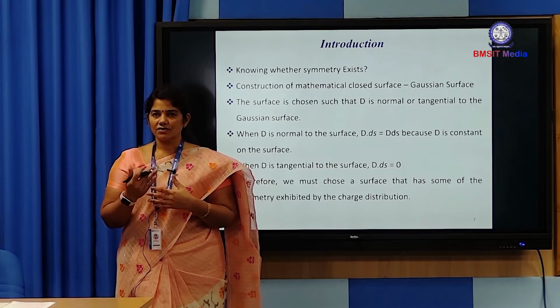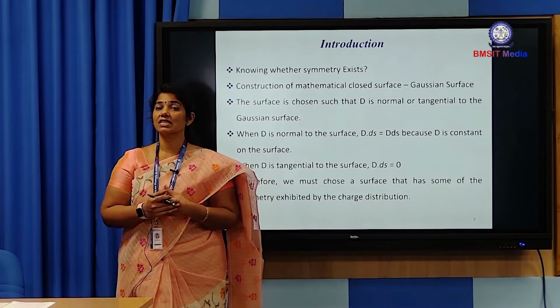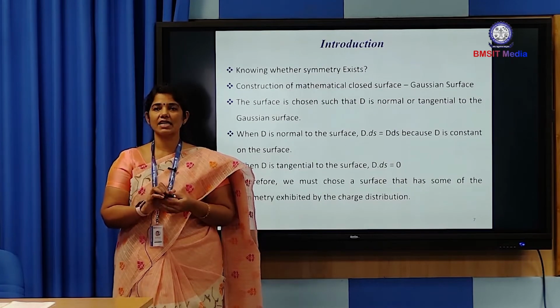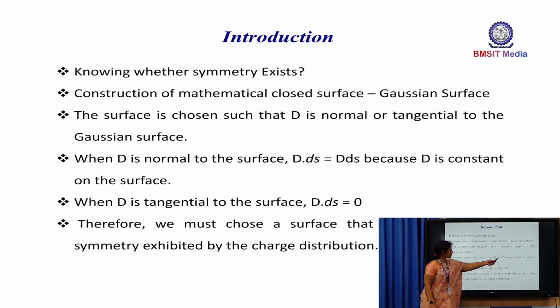Suppose the electric flux density D is normal to the surface, then D dot dS is equal to D dS, because D is constant on this surface, because D is normal to the surface.